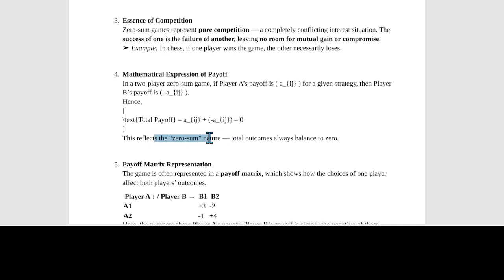Then this reflects zero sum. ठीक है, समझ रहा है अभी why it's called zero sum, right? Because उसका जो sum होना चाहिए, it should always be zero. Total outcomes always balance to zero. ठीक है, that is the condition, that is kind of the math behind this entire situation.